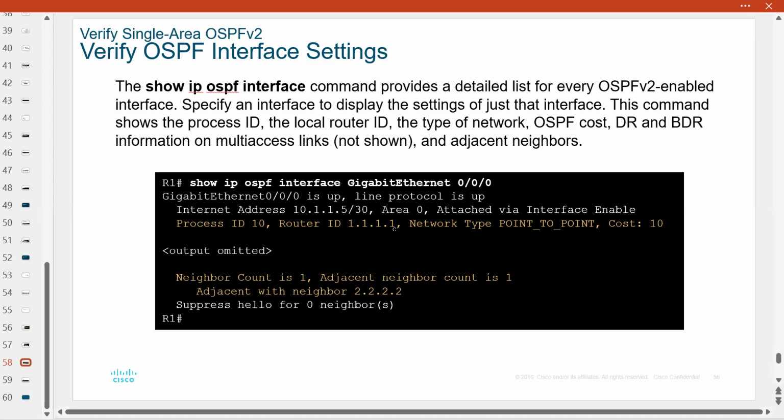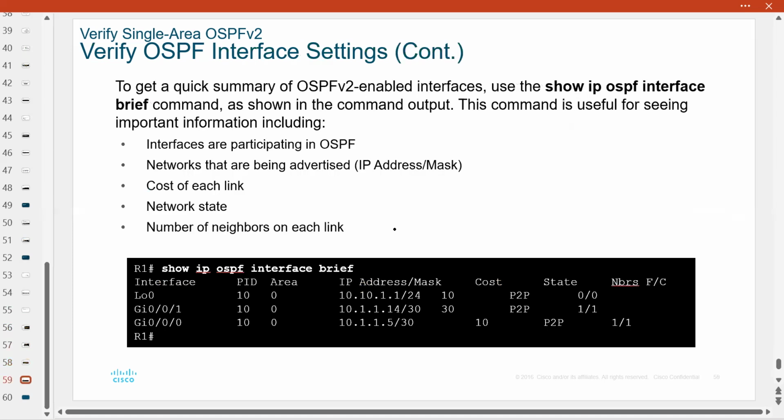Most importantly, I think, it shows us if the network is a point-to-point or a broadcast. That's very important. If it's a point-to-point, no DR election. If it's a broadcast, we have a DR election. We also have the process, router ID, and the cost values from the interface command.